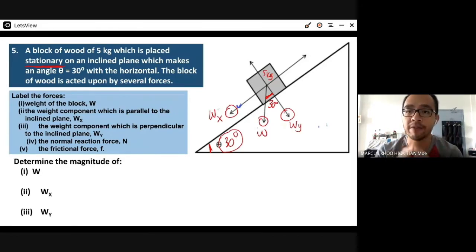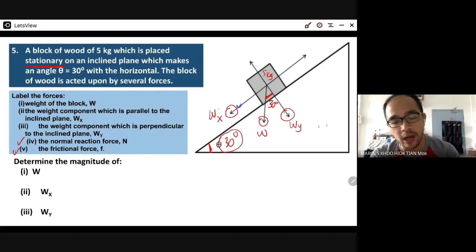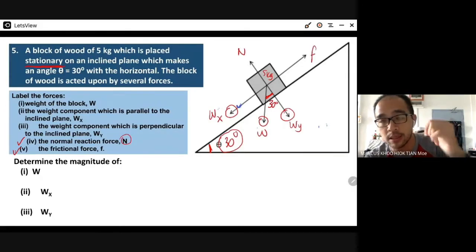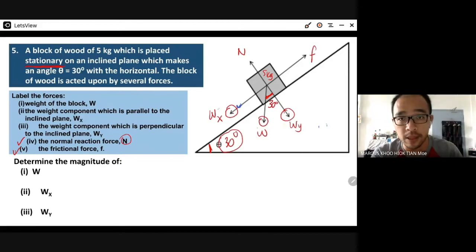The one that you have to resolve is the W. Question number 4, the reaction force and the frictional force. There are only 2 more arrows left. I'm just going to do it. The N is here, the normal force, and the F is always to the back. Now let's determine the value.